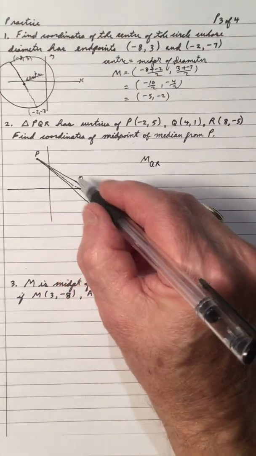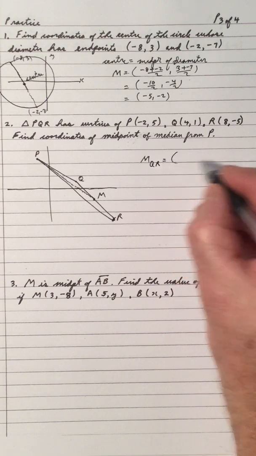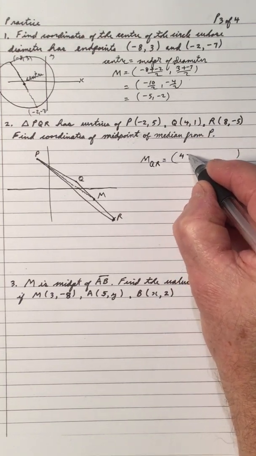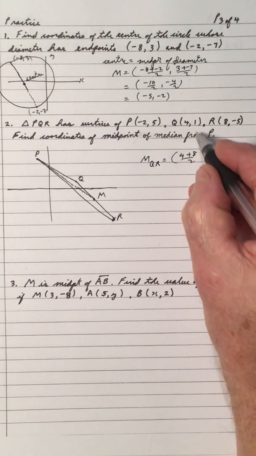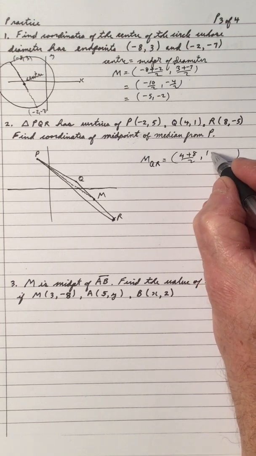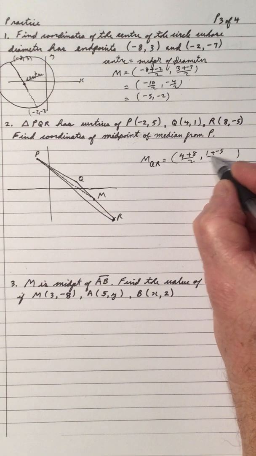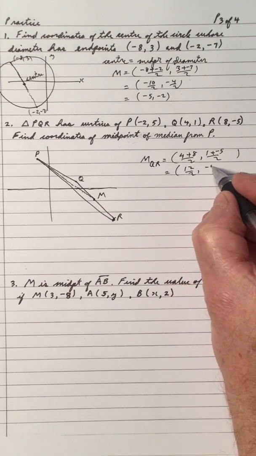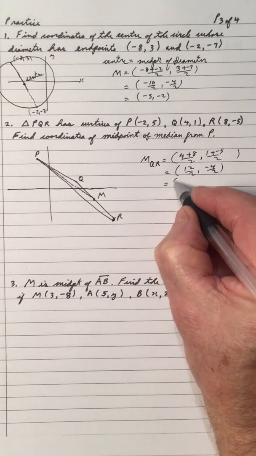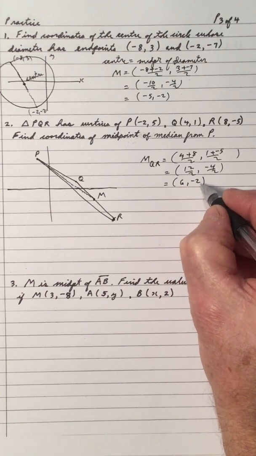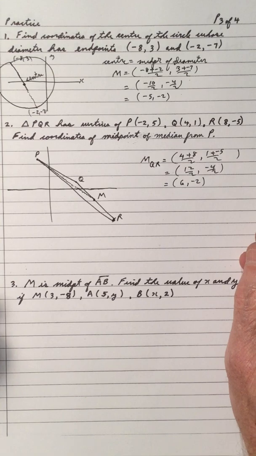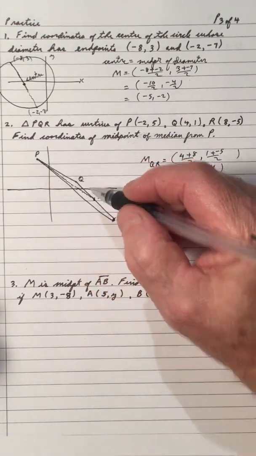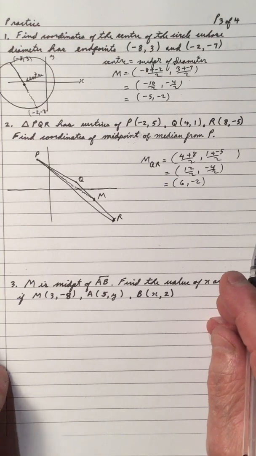Here we go. QR is 4, add on 8 over 2, and 1, add on negative 5 over 2. 12 over 2, negative 4 over 2. So that's 6, negative 2, the coordinates of the midpoint of the median. The median goes to the midpoint of the opposite side.